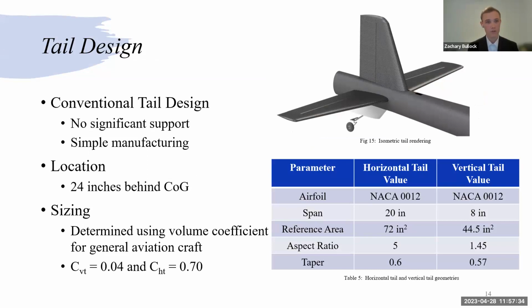Sizing was determined using volume coefficients for general aviation aircraft, and then that volume coefficient is also calculated using the wing planform area, wing average root chord, and wing span to determine sizing. And then the wing dimensions were adjusted to make sure that aspect ratios fell within expected parameters for a general aviation aircraft. Taper was also modified to make sure that it would fall within an expected range. Next slide, please.